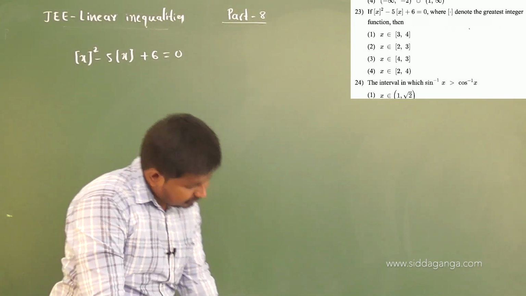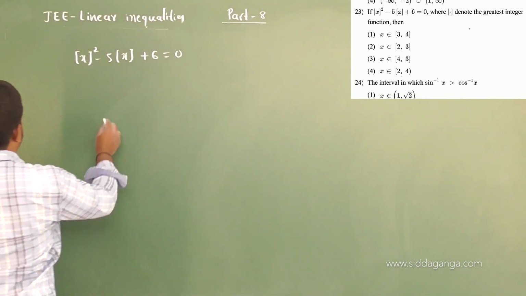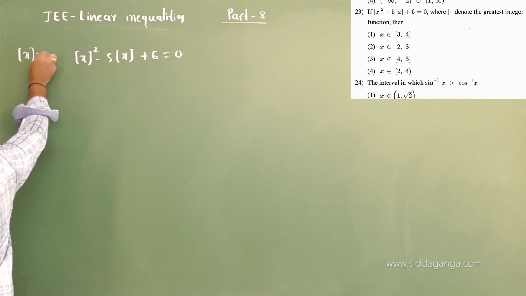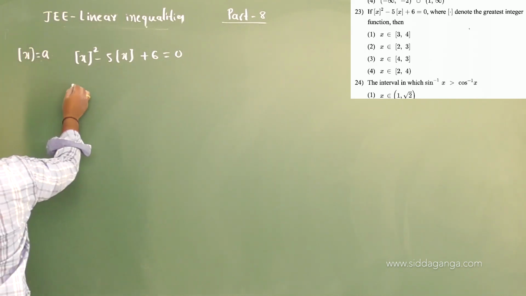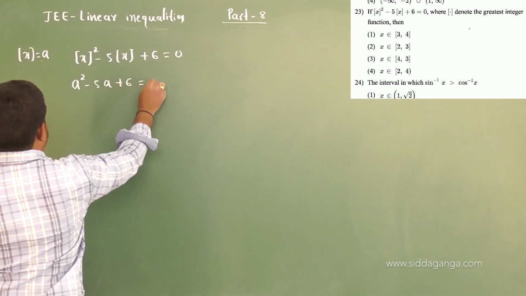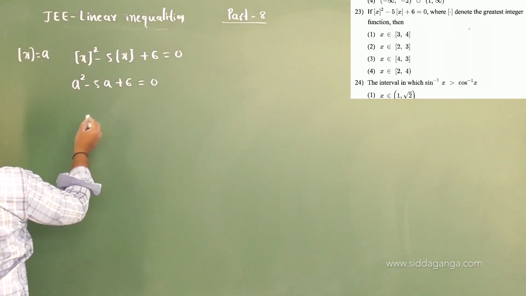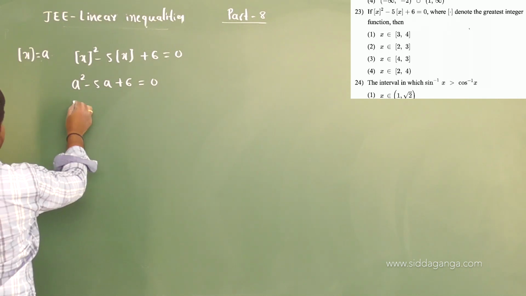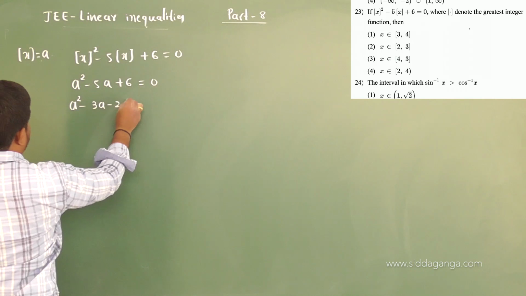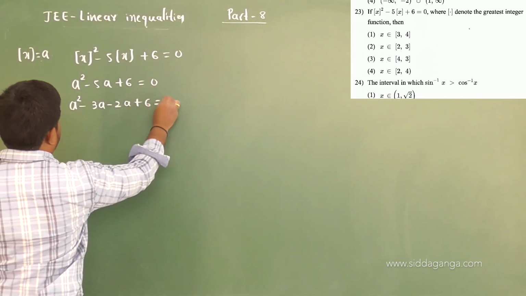Okay, now let me consider integral part of x equal to some a, right? So then your equation becomes a square minus 5a plus 6 equal to 0, right? Let me factorize this. a square minus 3a minus 2a plus 6 equal to 0.